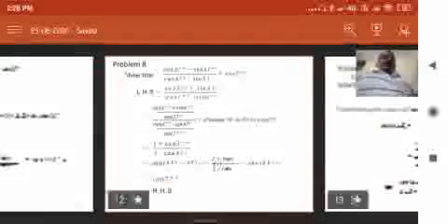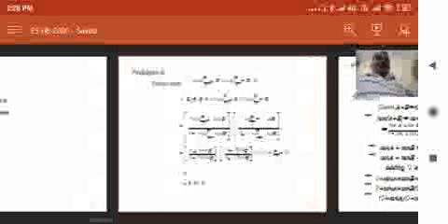The 10 principles are sin of a plus b, sin of a minus b, cos of a plus b, cos of a minus b, tan of a plus b, tan of a minus b, cot of a plus b, cot of a minus b.